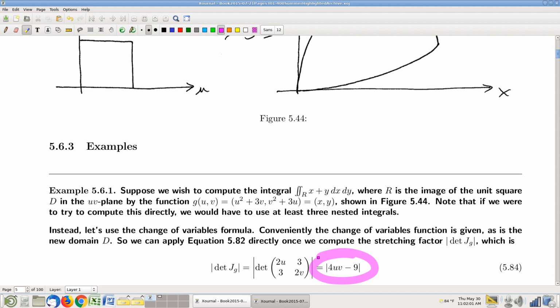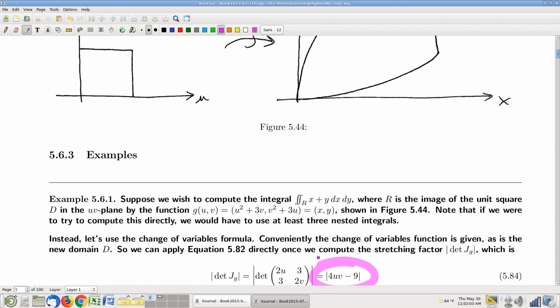I'll talk about how to do that. I claim that there is a visually convenient demonstration of how to deal with this absolute value. In fact, right here on the page, the picture of what to do is right here. This tells me right there that u is always between 0 and 1. Anybody see that?